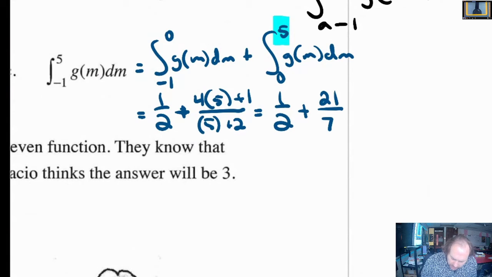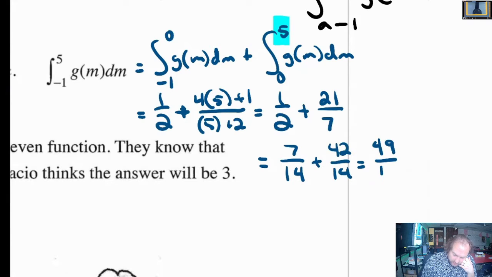So we have to combine both of these. We'll think about the 1/2 as 7 over 14. Then we'll multiply by 2 on the second fraction, and we'll call it 42 over 14. We'll add it together, and it will be 49 over 14, which those two both divide by 7, which would be 7 over 2.